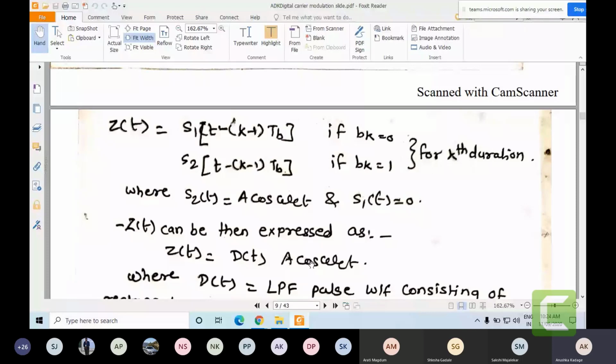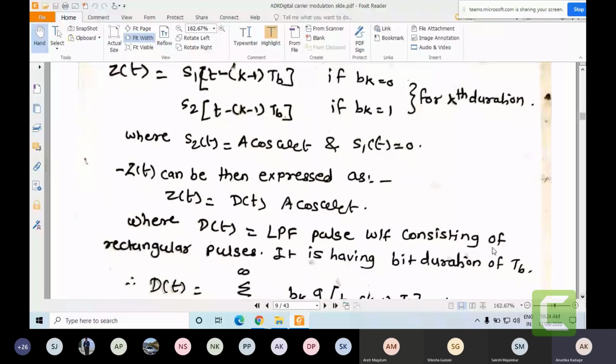In the next statement, we are saying that d(t) is nothing but a low pass filter pulse waveform which will consist of rectangular pulses, and every pulse is going to exist for Tb duration. So as it is a d(t), that is a function of time, so definitely it will be a continuous time variable signal. But as it is a pulse waveform, we will have discrete pulses which are observed in that d(t) signal.